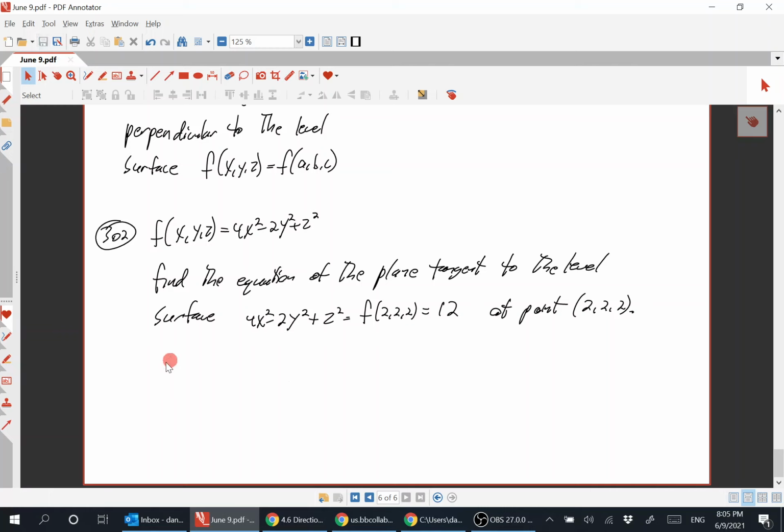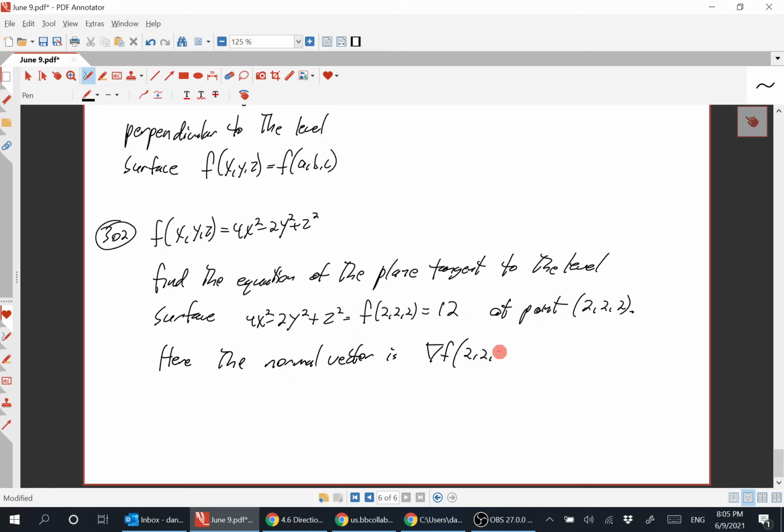Right? So here the normal vector is just the gradient of f at 2, 2, 2. So fx is 8x, fy is minus 4y, fz is 2z.